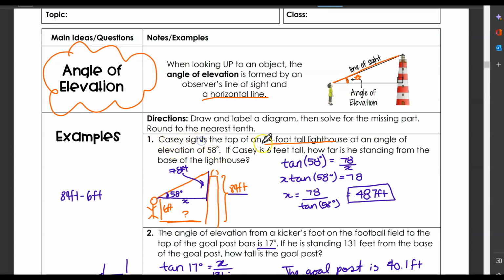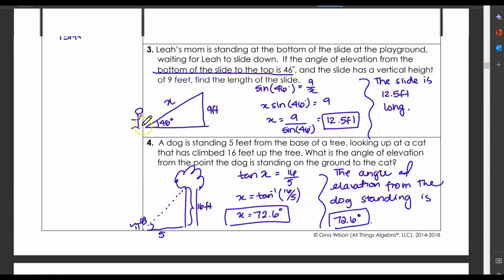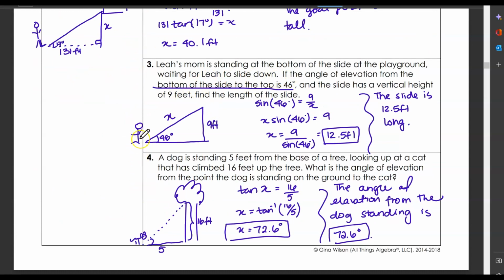The sight is at the top. Versus here, it's talking about the angle being at the bottom of the slide. So that's the 46 degrees kind of going up. The slide has a vertical height of 9 feet, so this is what we have here. And so really here we're left with a sine function. So we're going to be using sine 46 degrees is equal to 9 over x. Kind of solving it that way.